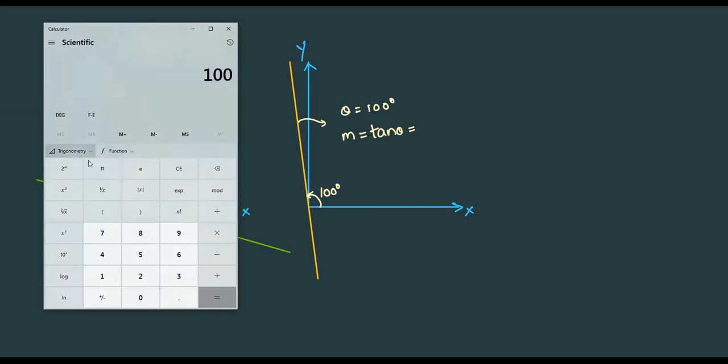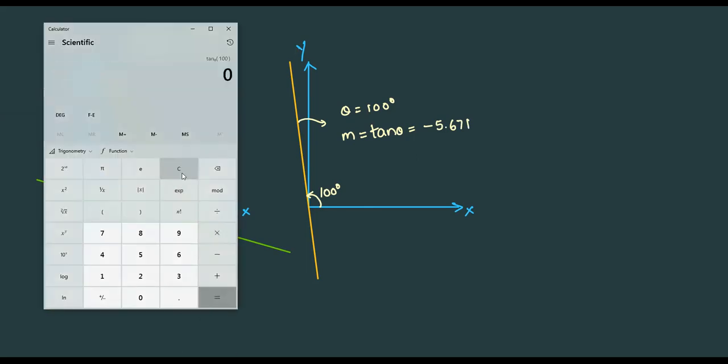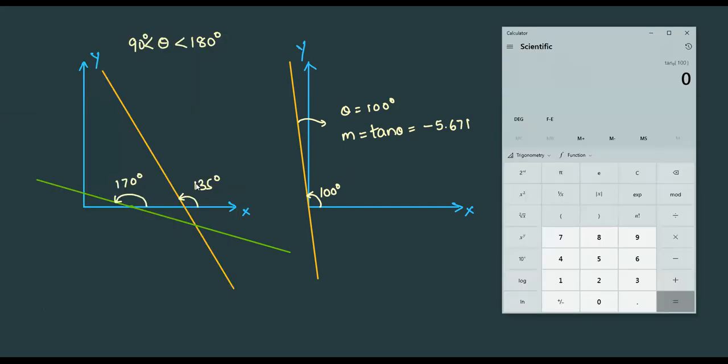Tan of 100 is minus 5.671. It is negative. Next, let us look at tan of 135. Tan 135 is minus 1.